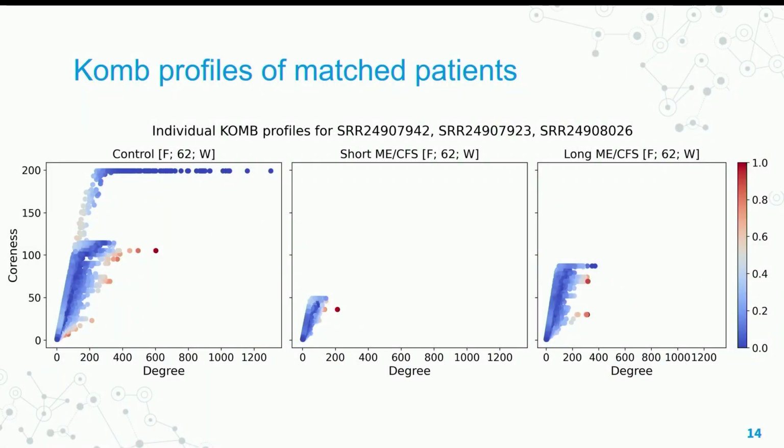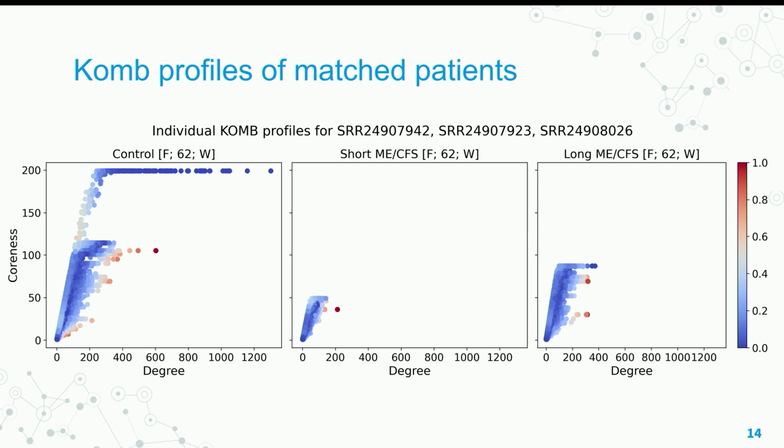So this is a case of 3 matched samples. Unlike some other studies, in this study, each patient donated 1 sample, so we don't have time series. But I did manage to locate patients with exactly the same age, sex, and other phenotypic descriptors that fall into 3 categories: the healthy control, the short-term chronic fatigue syndrome, and the long-term chronic fatigue syndrome.